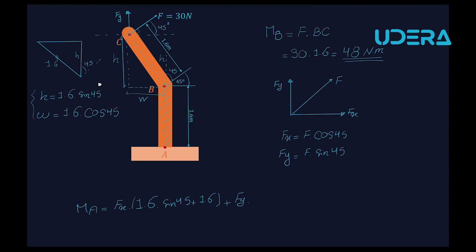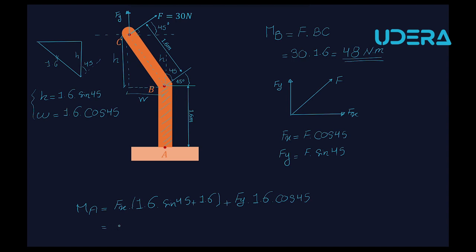So the vertical distance between A and Fy is W. So Fy times W, which is 1.6 times cosine of 45.